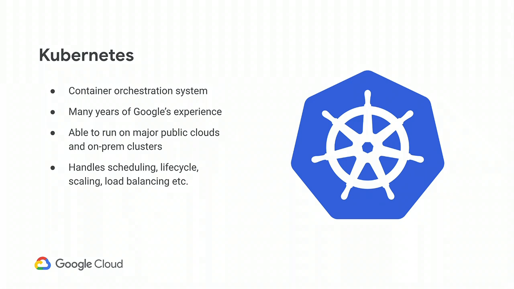Kubernetes, as you all know, is a container orchestration system that automates deployment, scaling, and management of containerized applications. It groups all the containers belonging to an application into logical units for easy management and discovery. It builds upon many years of Google's experience in running production workloads.